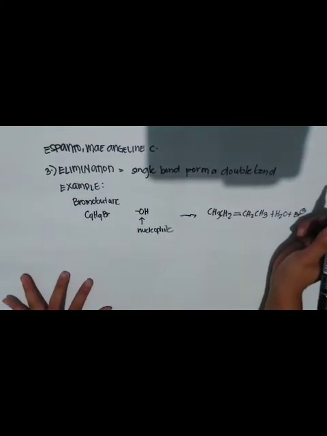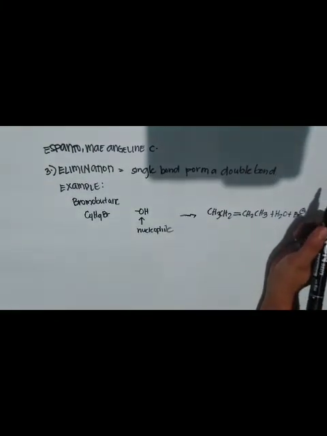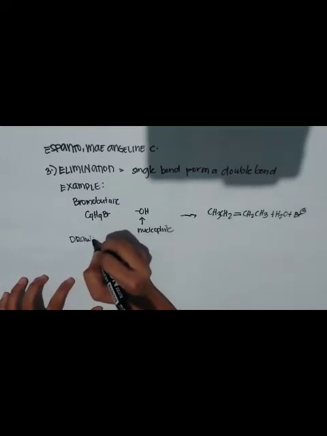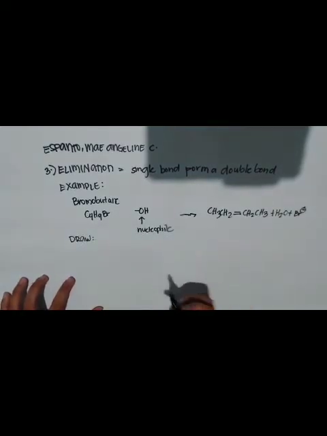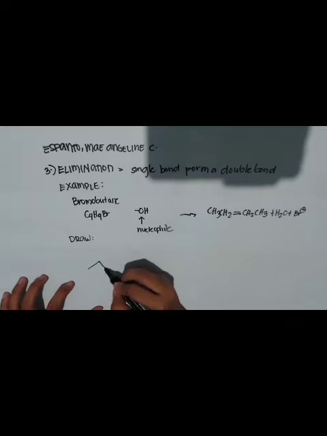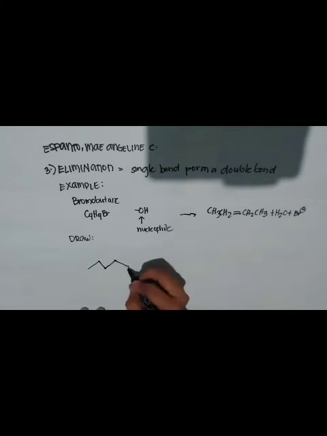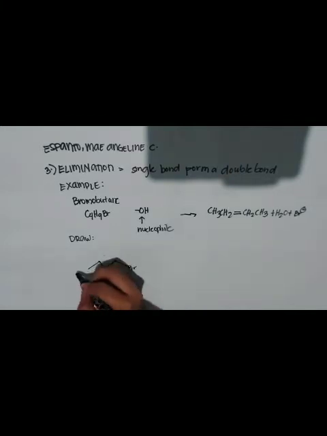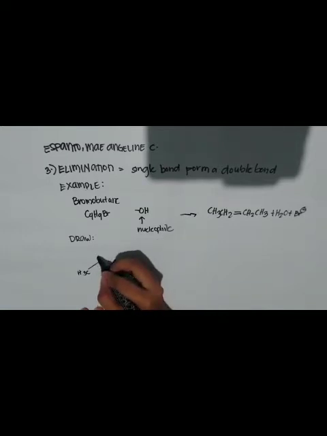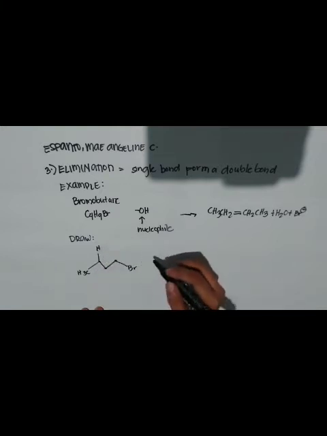So for further enlightenment, we have to draw. So bromobutane, which is all single bonded, carbons 1, 2, 3, 4, so H3C. And this will be the oxygen.